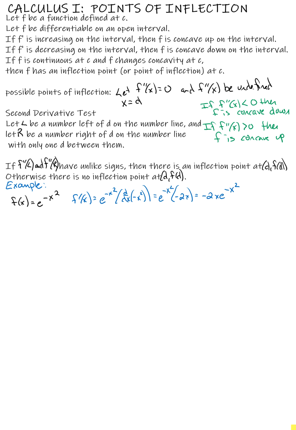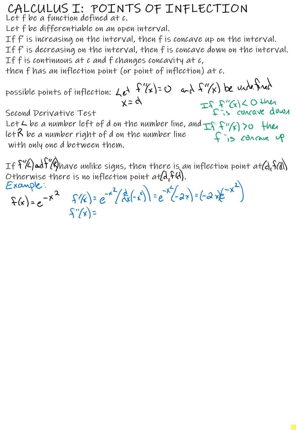But we're looking at the second derivative test, so that means we're going to need to take a look at f double prime as well. Ooh, so now we need to take the derivative of this. Notice that we can write it this way: negative 2x times e to the negative x squared. So I've got two things that both have x's and they're being multiplied together. Oh yeah, there it is, multiplication, which means we will need the product rule.